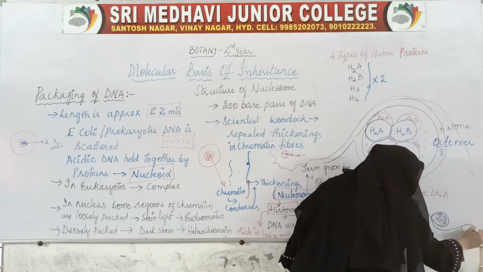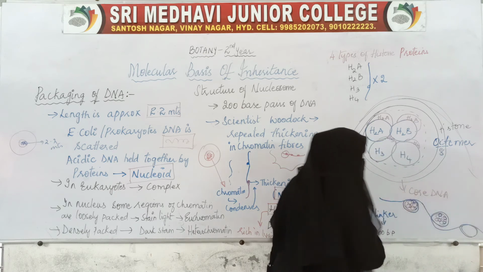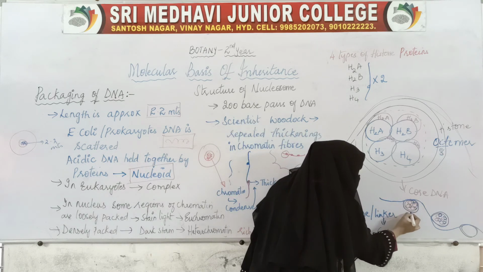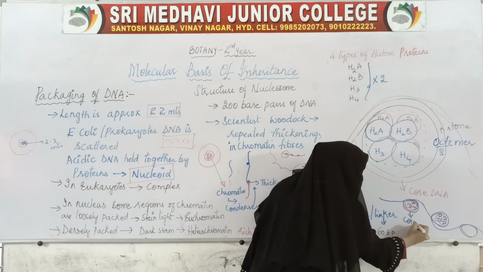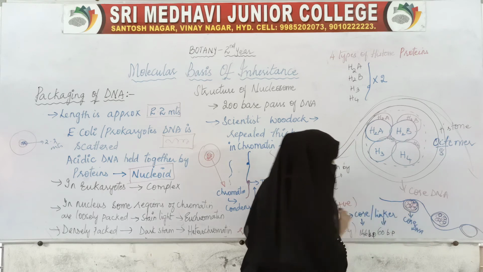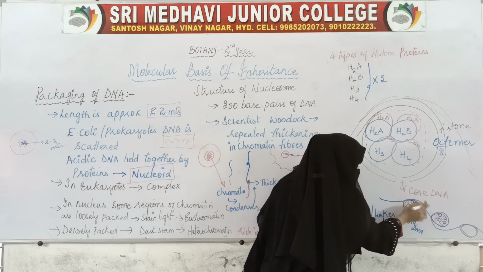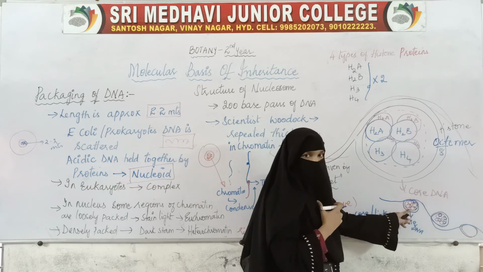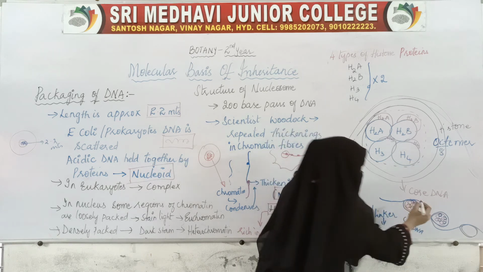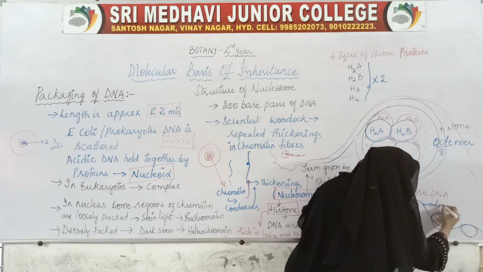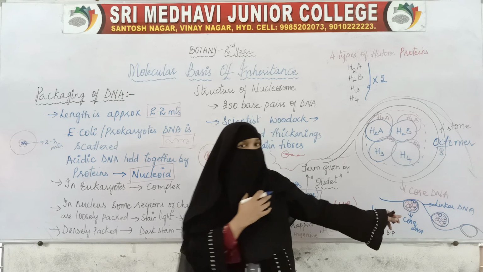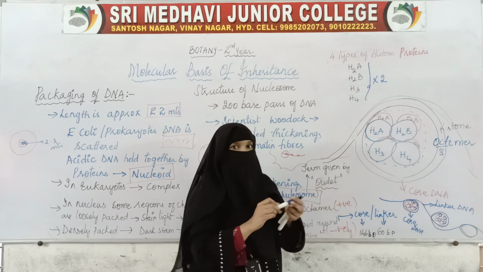The DNA which is wrapped around this ball is called core DNA, and this one is the DNA which is linking one octamer with another. So this one is called linker DNA. Core DNA and linker DNA.